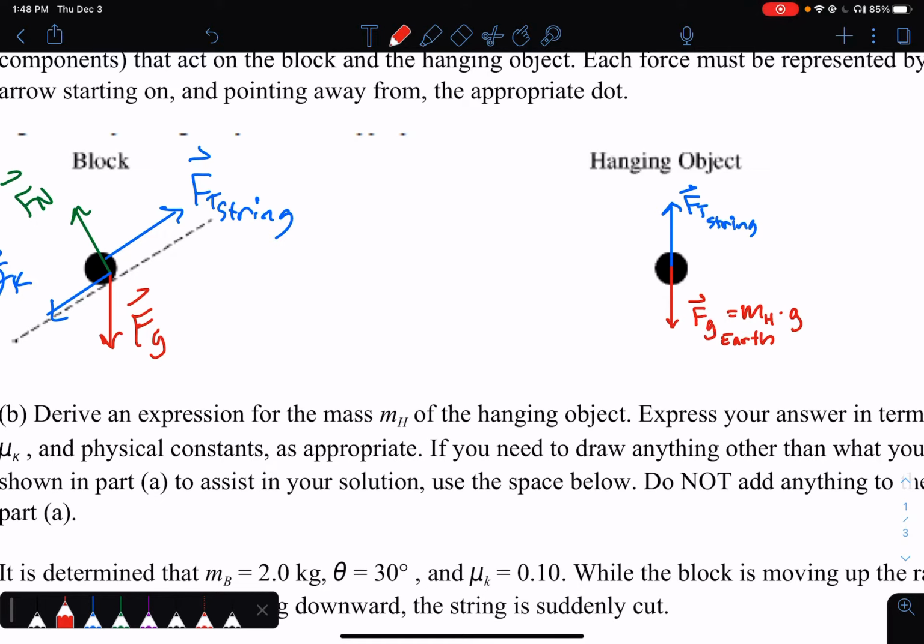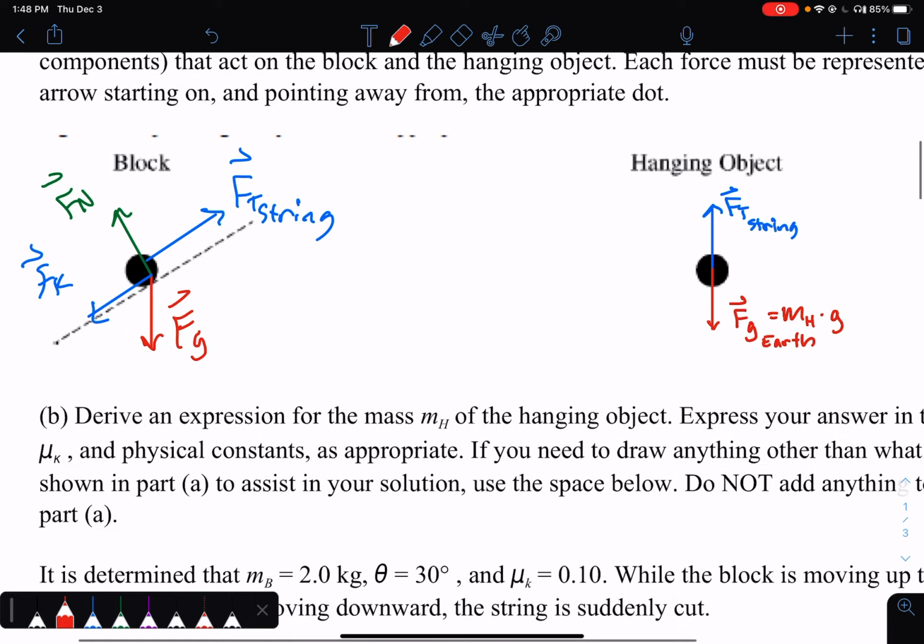And the point breakdown for that: for your block, if you had tension and friction, that got you a point. If you had normal force coming off perpendicular to the surface, that got you a point. And if you had the weight coming straight down, that got you a point.